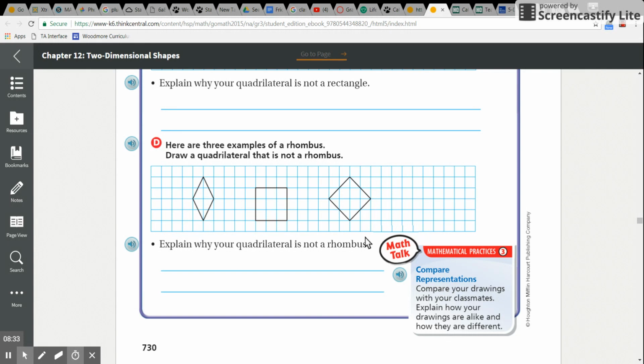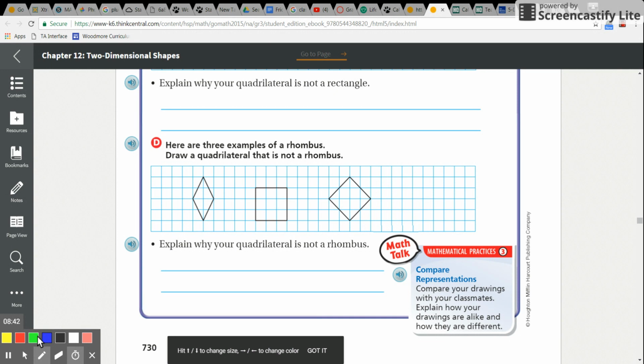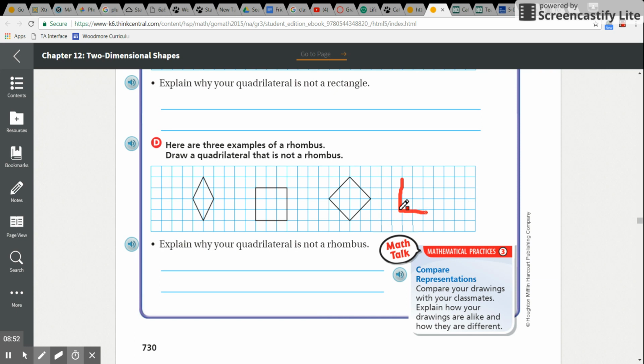So go ahead and press pause. Draw a quadrilateral that's not a rhombus and explain why. See if I can make a better rectangle here. I once again chose a rectangle.